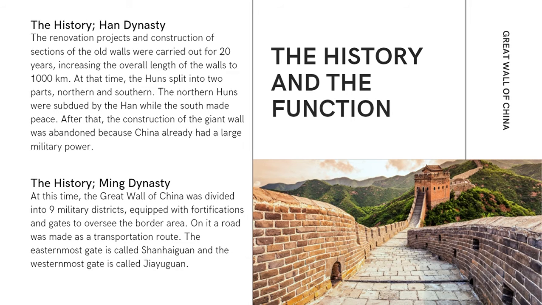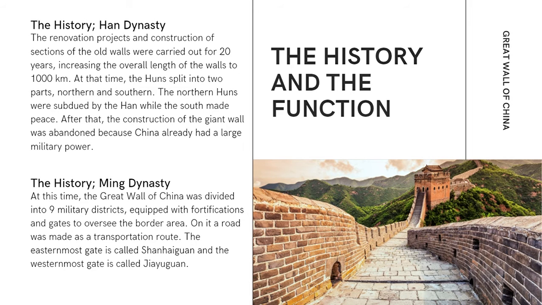At that time, the Han split into two parts, Northern and Southern. The Northern Hans were subdued by the Han while the South made peace. After that, the construction of the giant wall was abandoned because China already had a large military power.